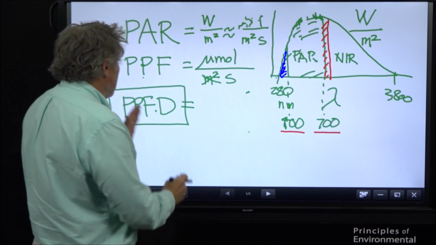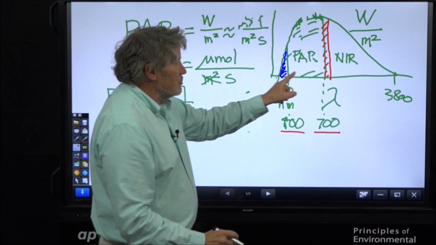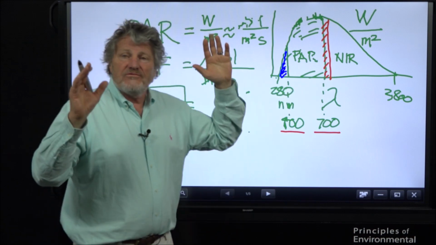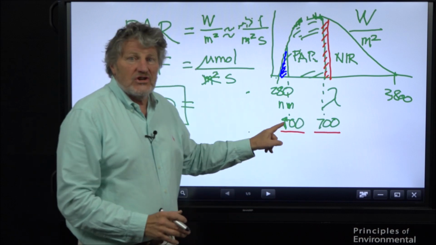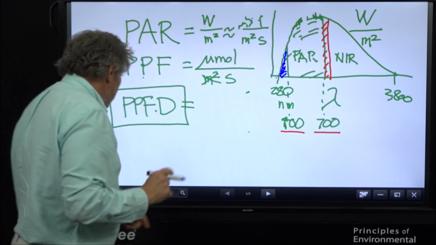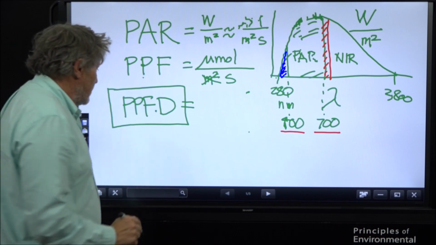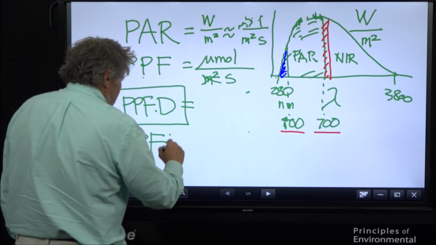But if we say the PPFD, that automatically excludes these, because the P means photosynthetic, and for 30, 40, 50 years we've said that's 400 to 700. So now we're looking into the future evolution of language and terminology. So we have a new term, the PFD.